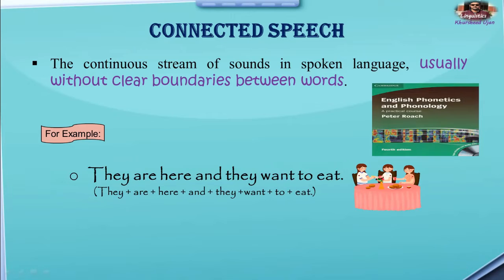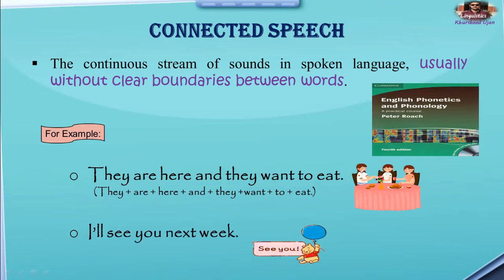We say "they're here" and "and they wanna eat." So this is actually what we are trying to say, that we use such forms of words in connected speech.